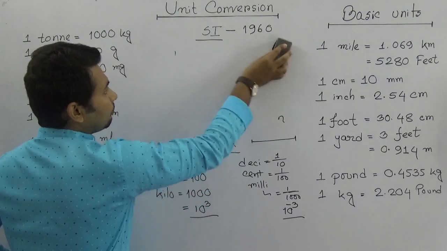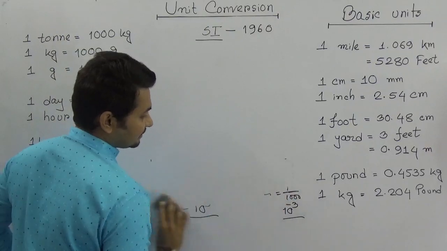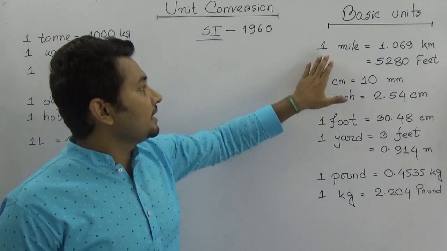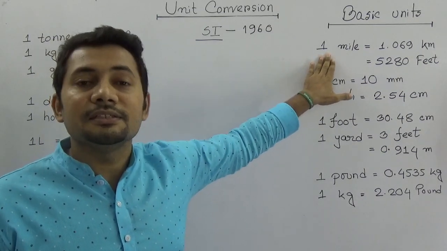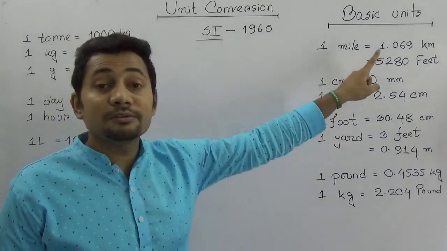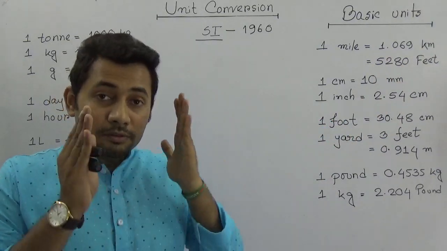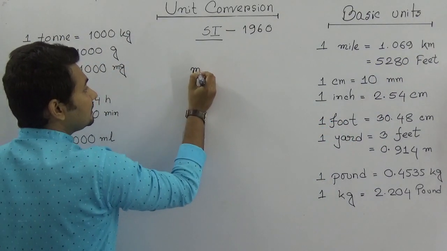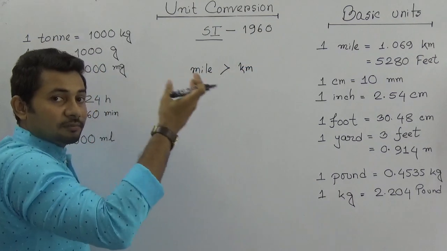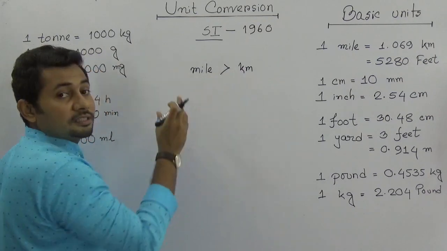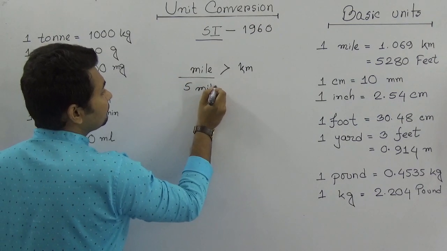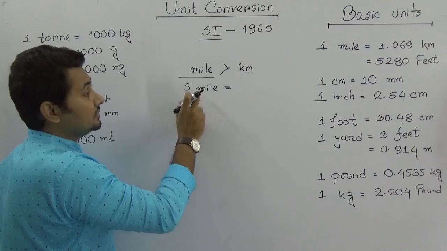Let's see what I have written on the right and left part of this whiteboard. I have written some basic units here. 1 mile, which is a unit of length, is equal to 1.069 kilometer. By measurement, a mile is a greater distance than a kilometer. Both are units of distance. If I say that I have walked 5 miles, what is the distance in kilometer?